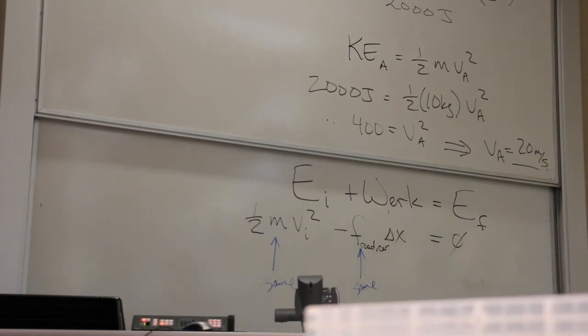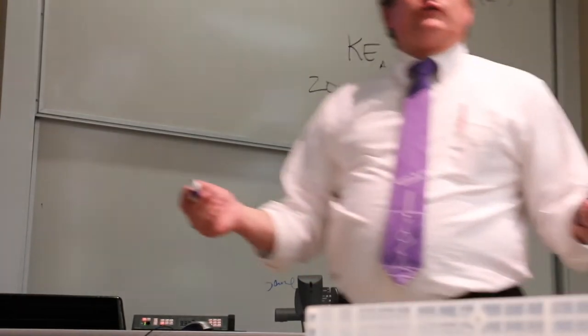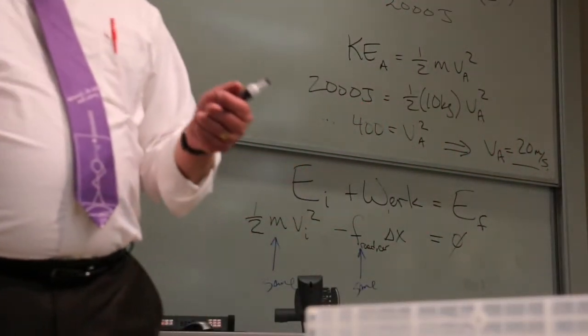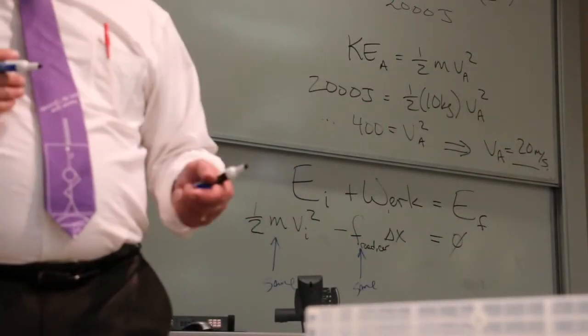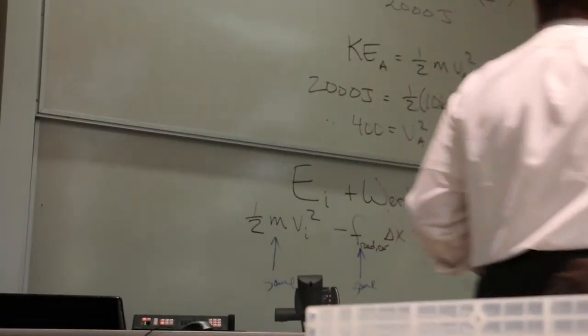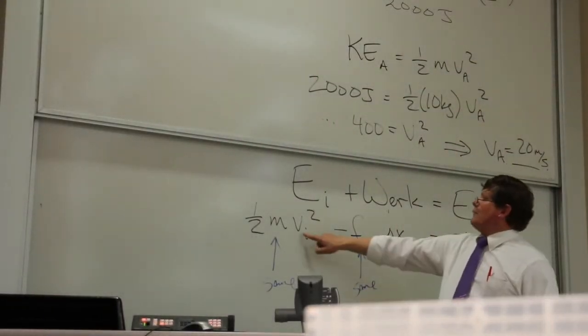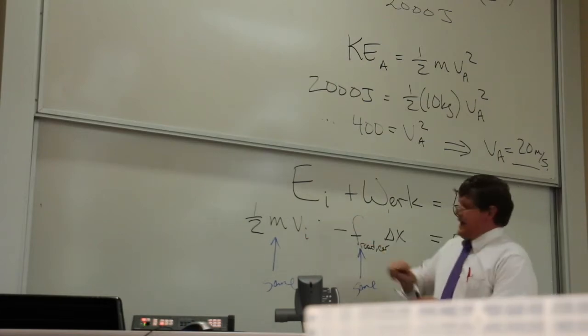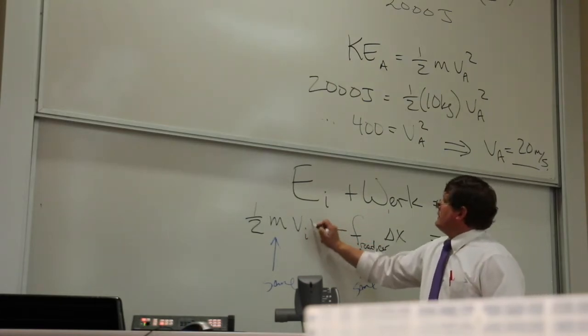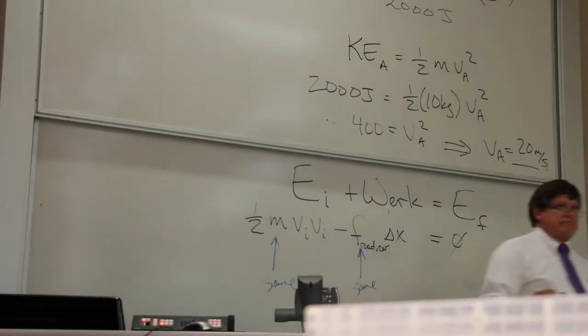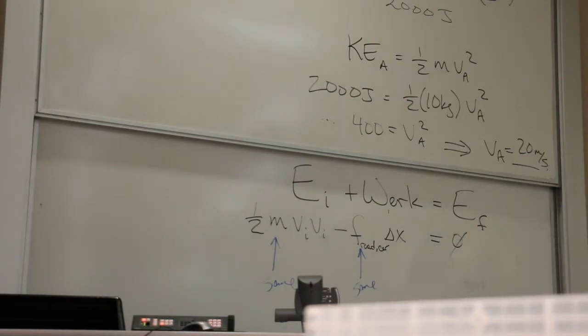So it's the same friction. Friction doesn't depend on how fast you're sliding, just on the normal force and the coefficient of kinetic friction. It's the same. Now, is it going to hurt your feelings if I rewrite this v squared as v initial times v initial? That's still the same, right?